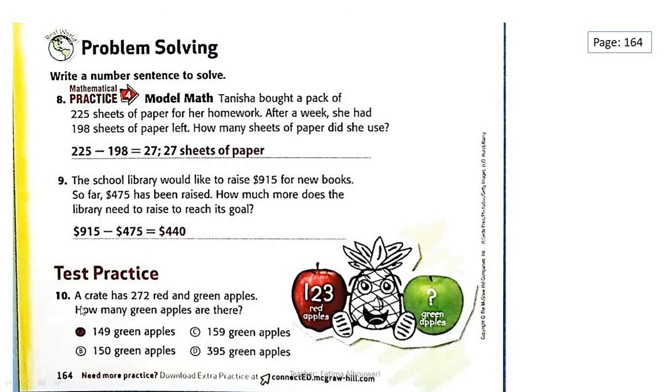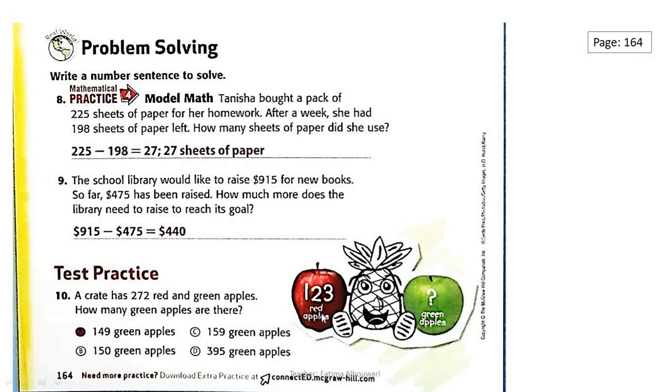Question number 10. A crate has 272 red and green apples. How many green apples are there? What do you think, grade 3? We have 272 apples in all, and we have 123 red apples.